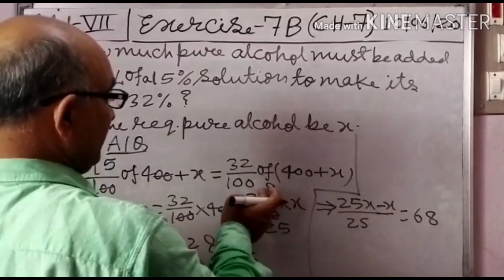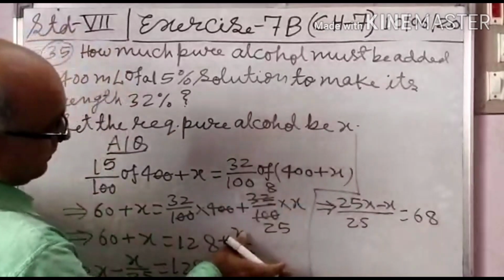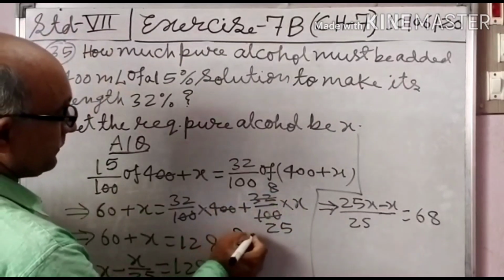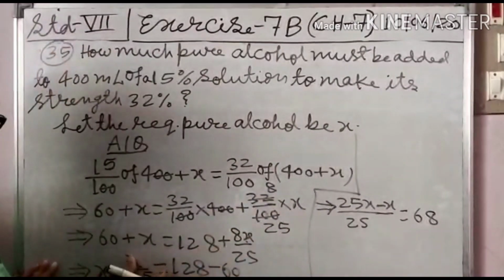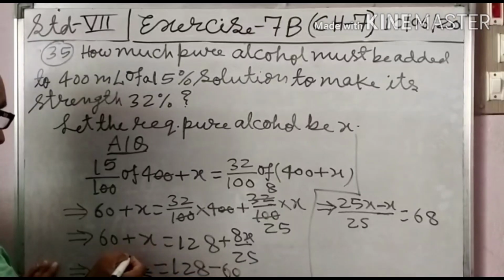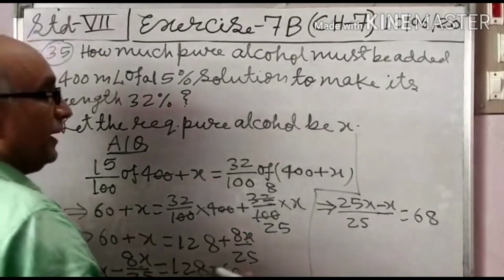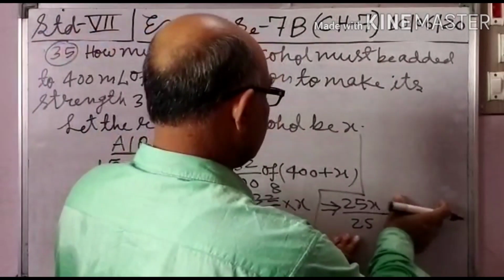Sorry. Here 8 into x. Check it. 8 into x, 8x. So it is changed into 8x. So 25x minus 8x.